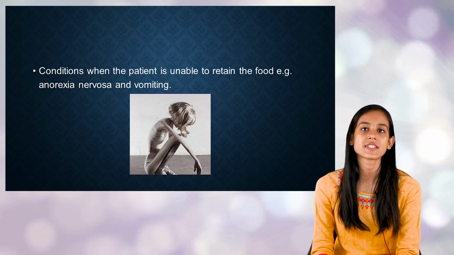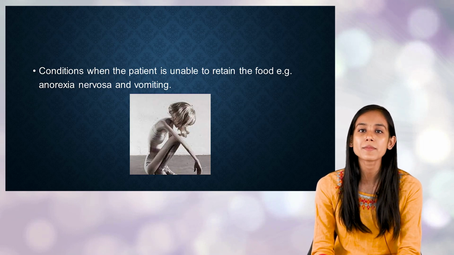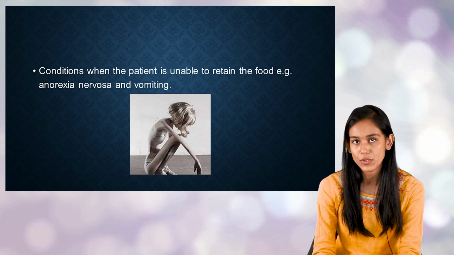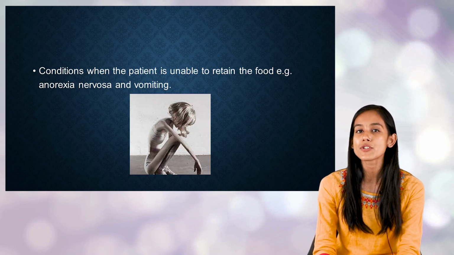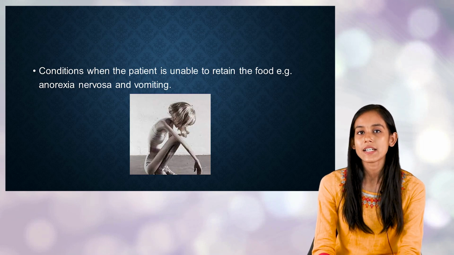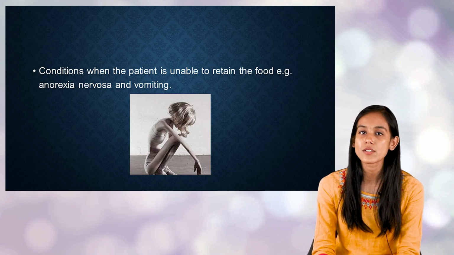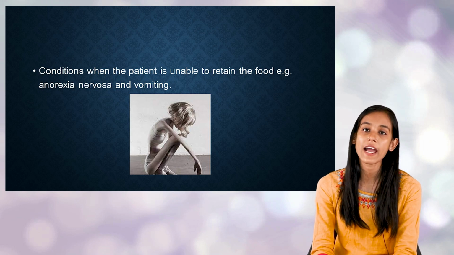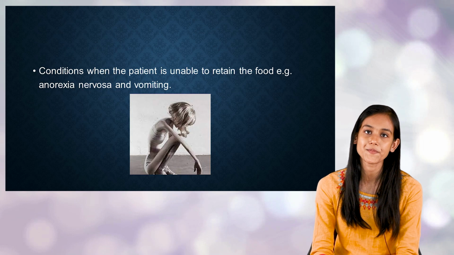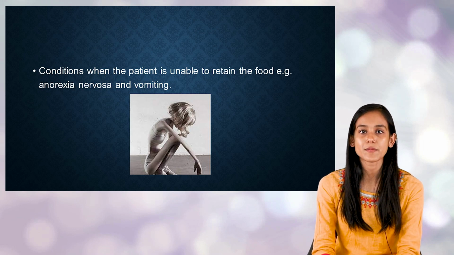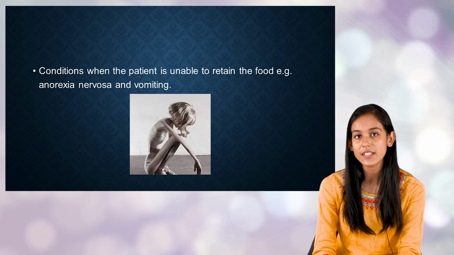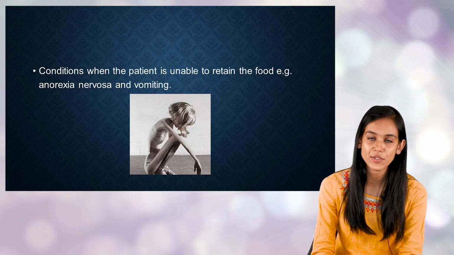So what happens is they become unable to retain the food, and they also get vomiting. So here also we can use artificial feeding in case of anorexia nervosa and frequent vomiting. Now, these are some of the purposes of NG feeding or nasogastric tube feeding.